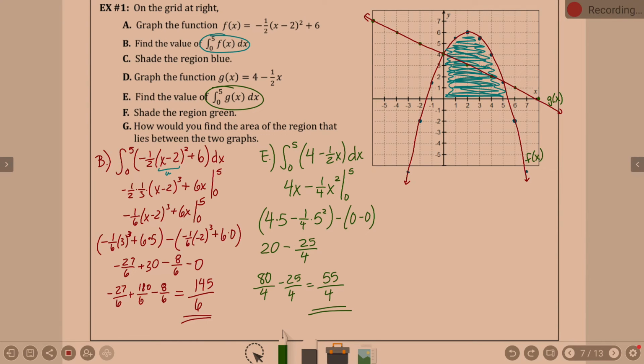So what's the integral from 0 to 5 of g of x dx? Area under the curve from 0 to 5, which is area under the line here. Sorry, mine looks ugly. But it makes sense, yes? It overlaps the bottom of the other piece.